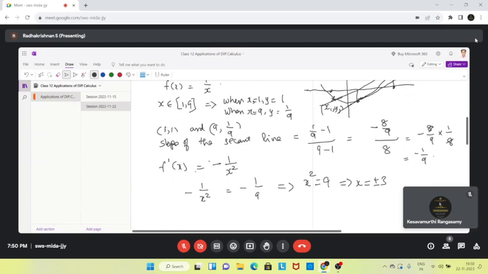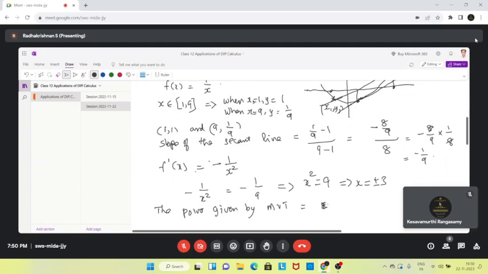Therefore, the point where the slope of tangent is equal to slope of secant, the point given by mean value theorem, is x equal to 3.